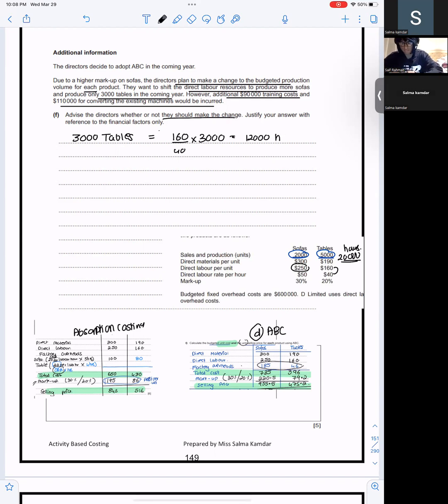Initially, we were producing 5,000 tables, which was requiring 20,000 hours. Now they want to make 3,000 tables that will require 12,000 hours. So how much labor time are they going to save?